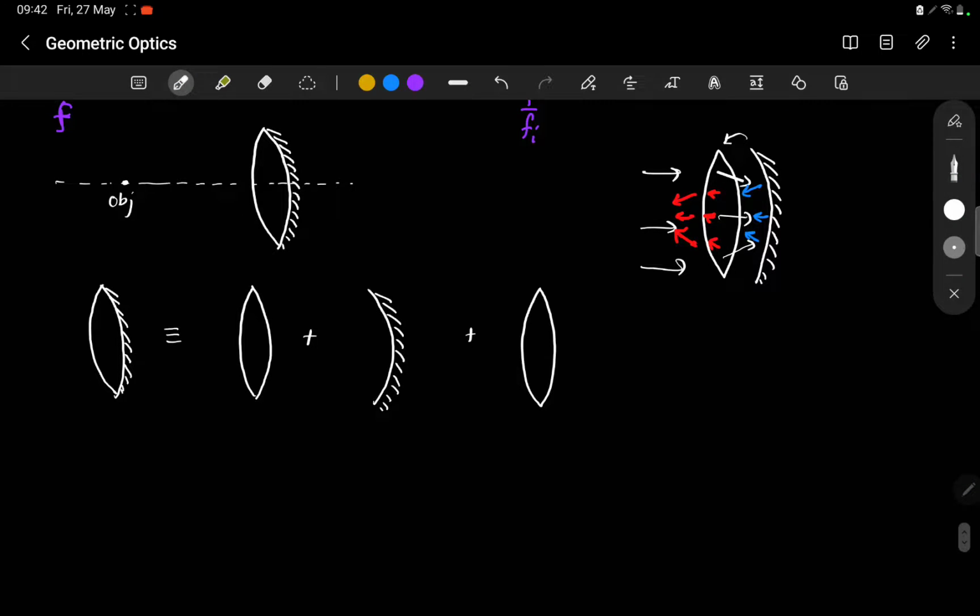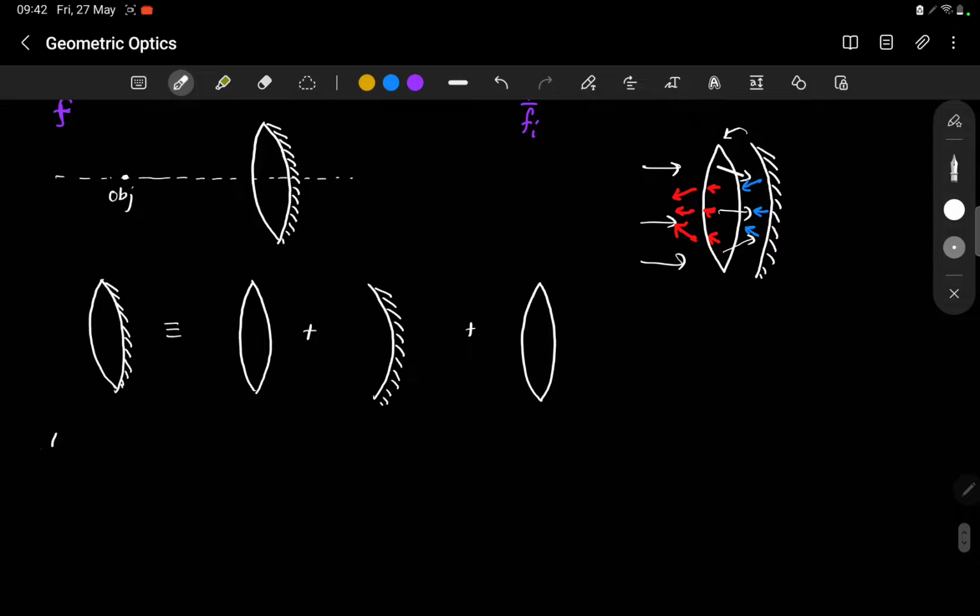So in our case we have the focal length of the combination is 1 over focal length of the lens, then 1 over focal length of the mirror, and then again the lens.